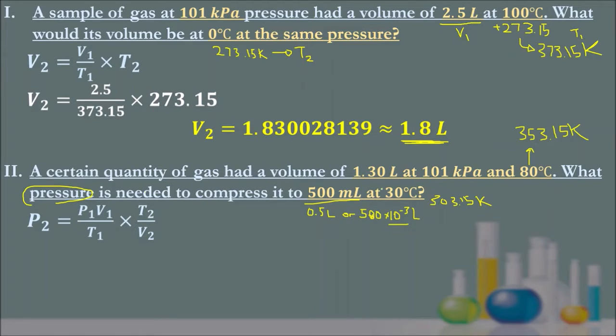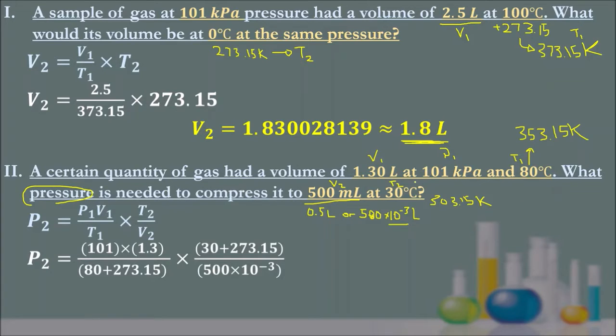If I look through my question, everything on top here, 1.3, that's V1, pressure, that's P1, T1, and then this is V2, and this is T2. So written it all out, that's what you need to do when doing calculations, to write down all the components, and then you simply substitute it.